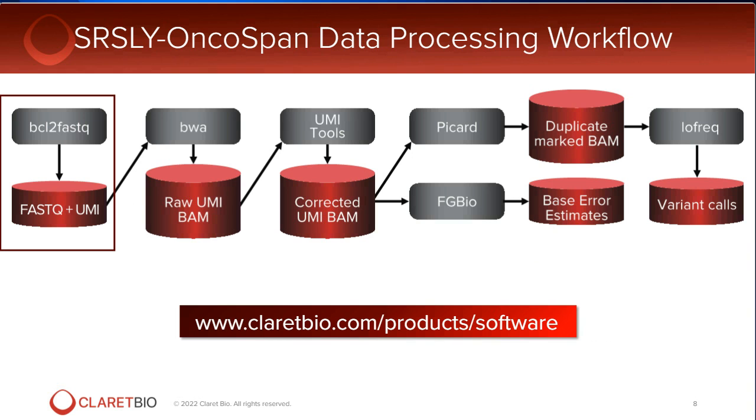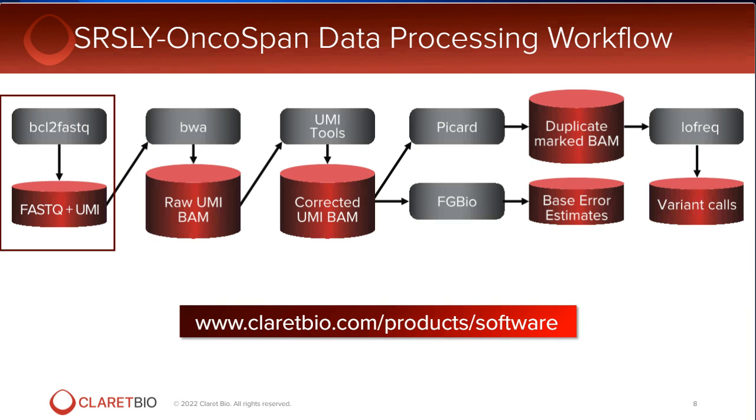What's somewhat unique about the SRSLY UMI strategy is that the UMI ends up in the I7 index read. So the I7 index read needs to be parsed correctly from BCLs to FASTQ files such that the index gets put in the proper place, but also the UMI gets tagged and appended to the FASTQ, not in the index location, and then later appended to the BAM file when you do mapping.